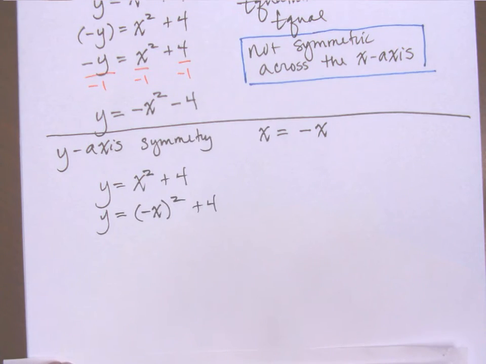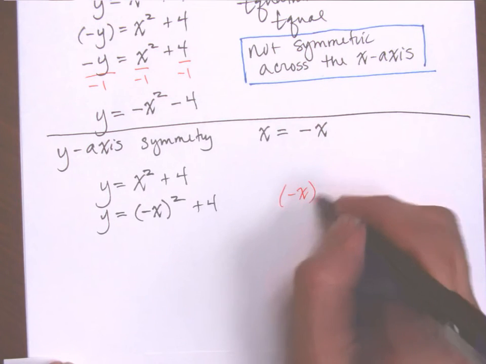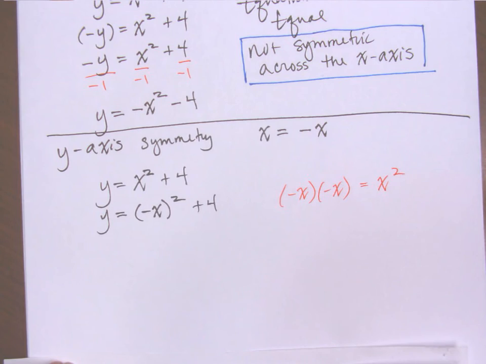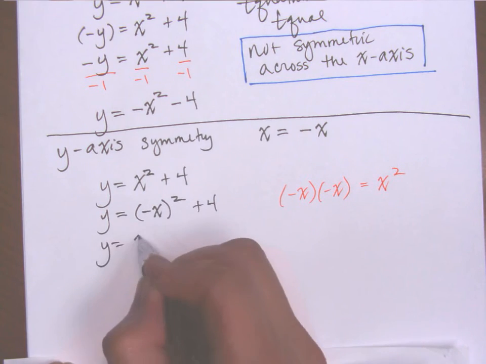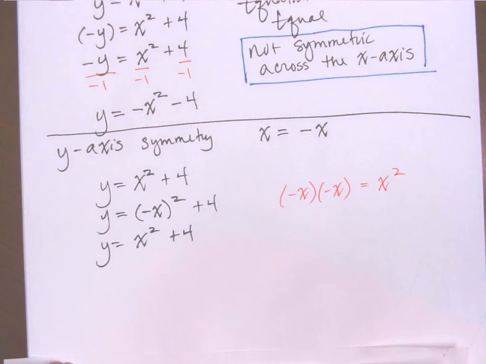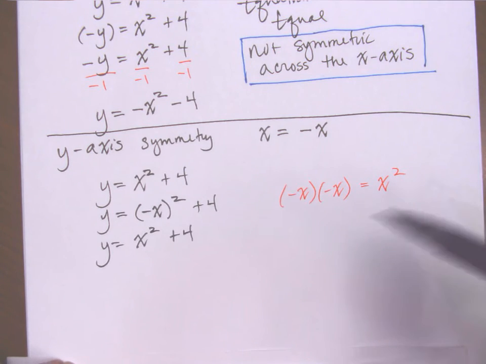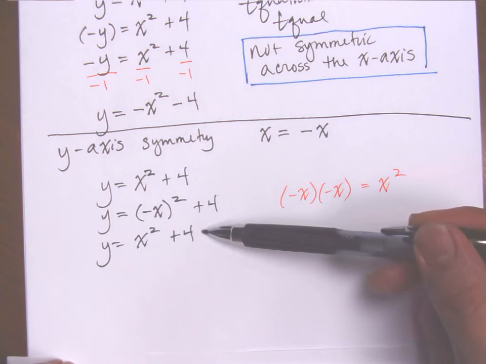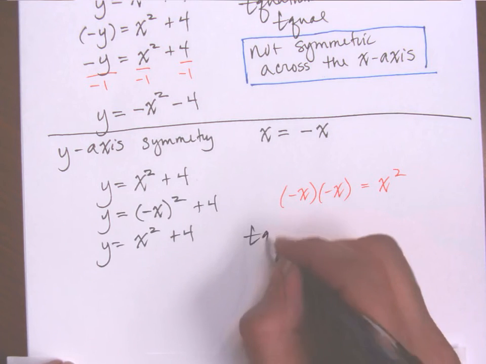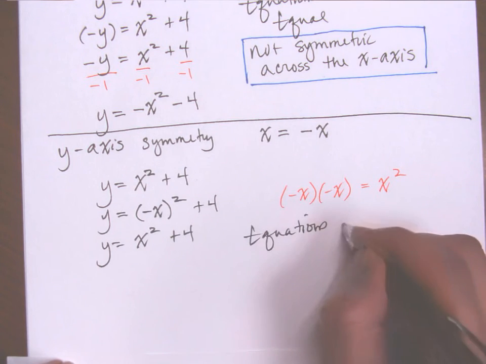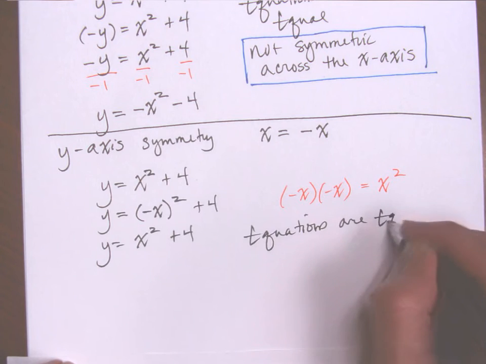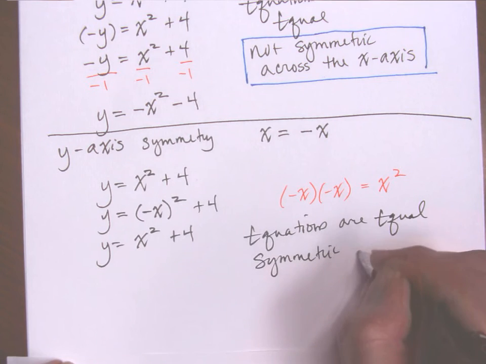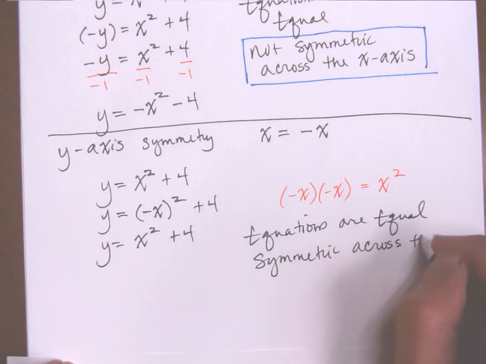And we saw in a previous video that negative x times negative x is positive x squared. So y equals x squared plus 4. I'm fully simplified, so I can compare my equations. I have x squared plus 4 and x squared plus 4. The equations are equal. So it is symmetric across the y-axis.